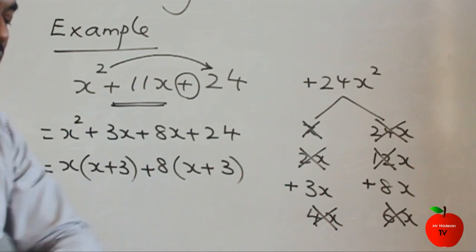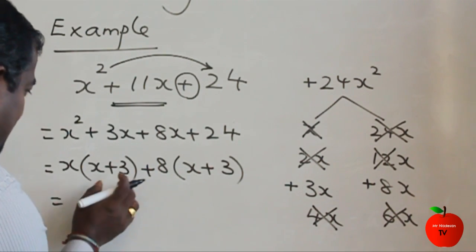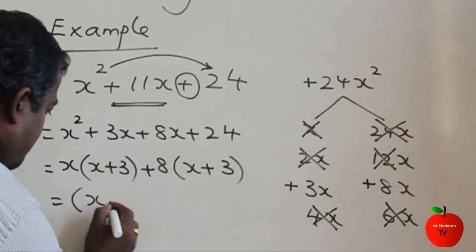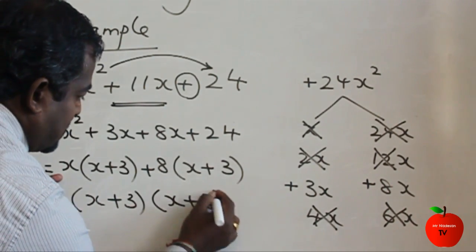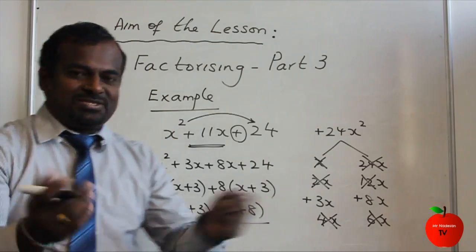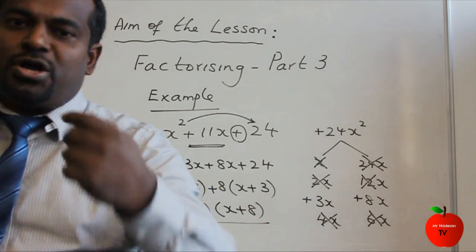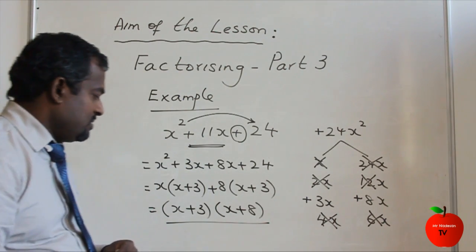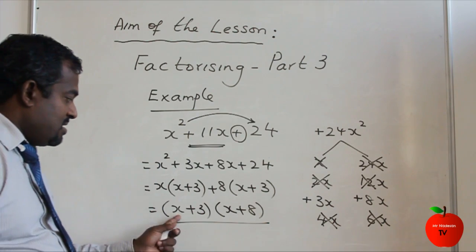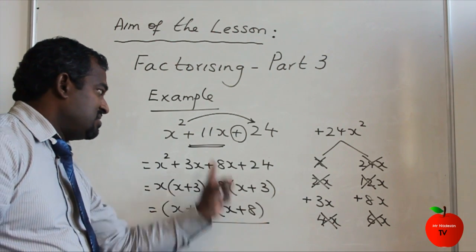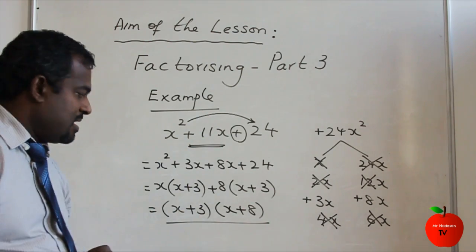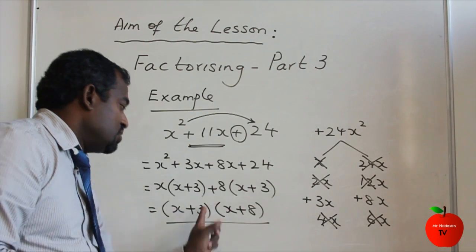Now you can see x plus 3 is common, and then you've got x plus 8. That's it, and you should know how to double check your answer by expanding it: x squared plus 3x plus 8x comes to plus 11x, and then plus 8 times 3 is 24.